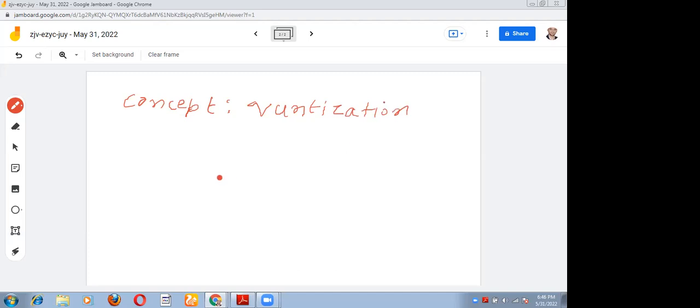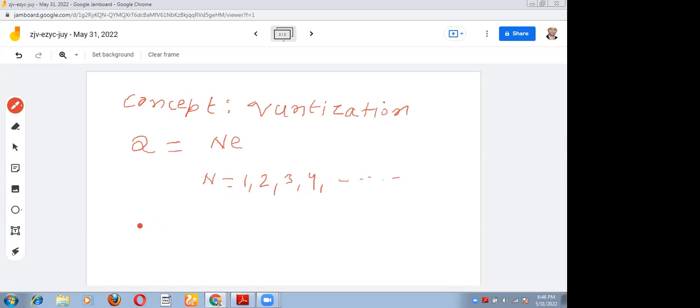What does quantization of charge say? It says that the charge on any body is an integral multiple of the electronic charge, where n is equal to 1, 2, 3, 4, and so on. Correct?